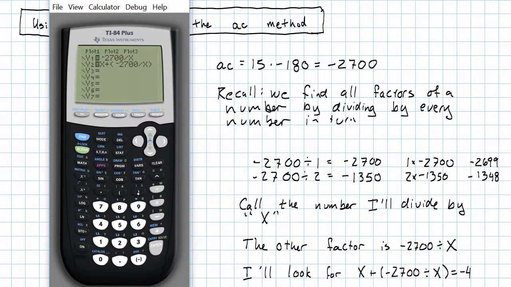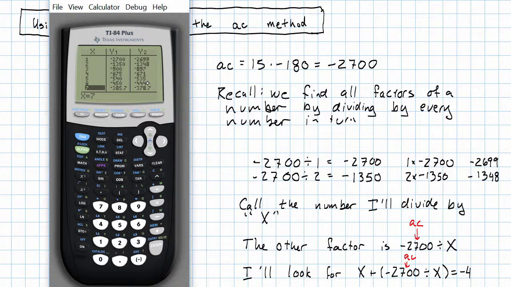In general, you'll replace negative 2,700 by whatever AC is. Okay, and now what am I going to do with that? I'm going to hit second and look at the table. Of course, 0 says error because we're dividing by 0.